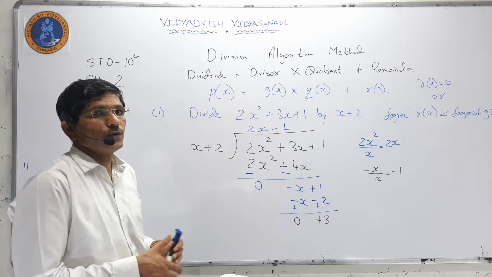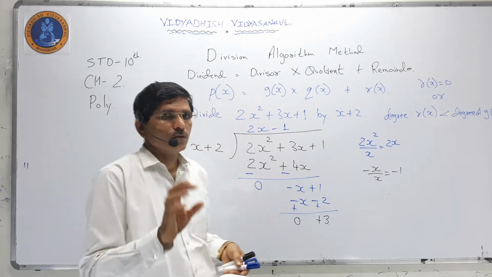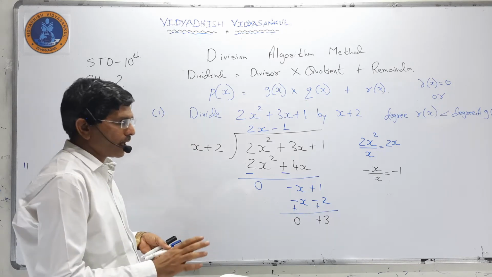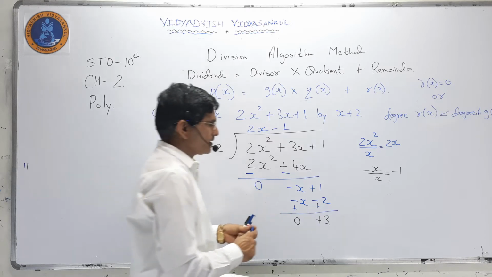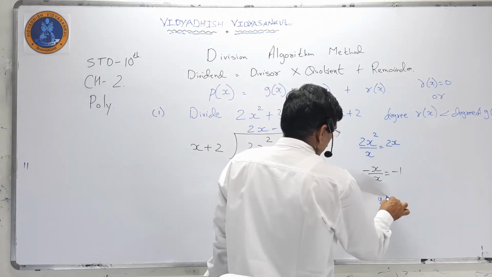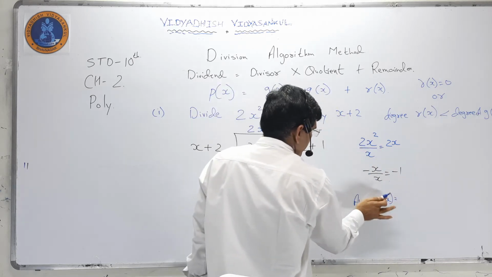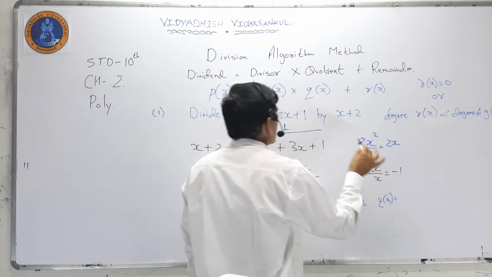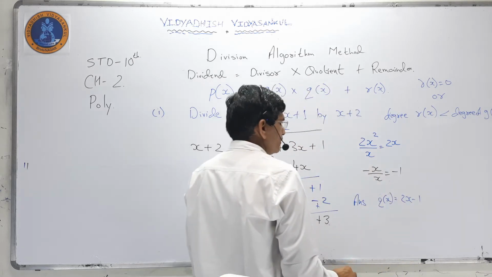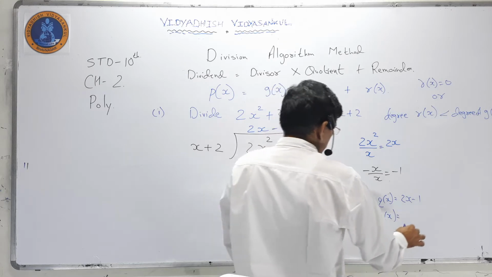Now how will you write the answer? For better representation, we have to write what is q of x and what is r of x. So we describe the answer like this: q of x is equal to 2x minus 1 and r of x is equal to plus 3.